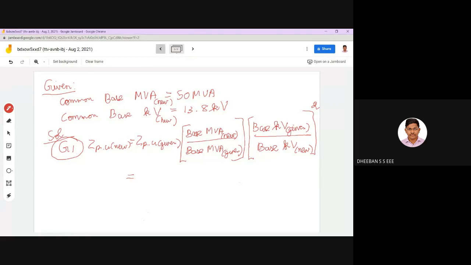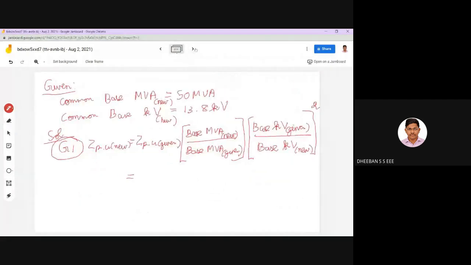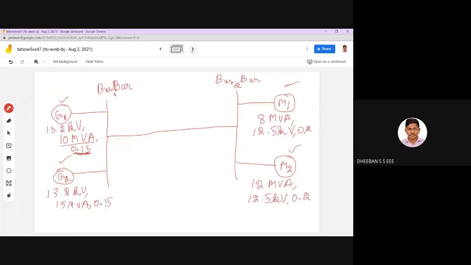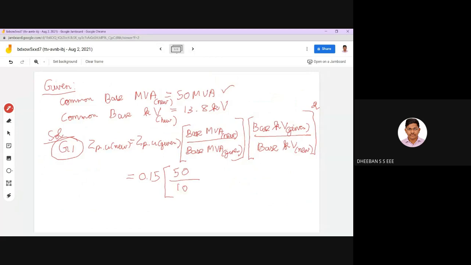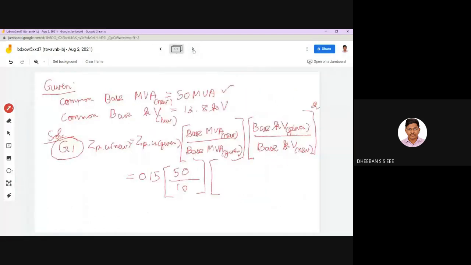Now you have to apply the formula. The Z per unit given for generator 1 is 0.15. So 0.15 into base MVA new, which is 50, divided by base MVA given, which is 10, into base kV given, which is 13.2 kV, divided by base kV new, 13.8 kV, the whole square.